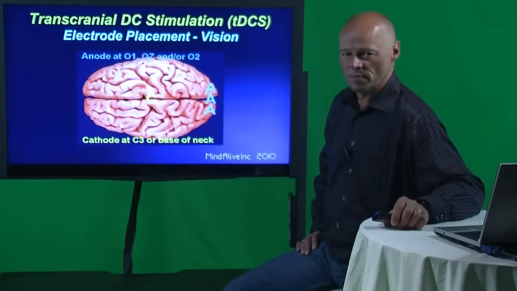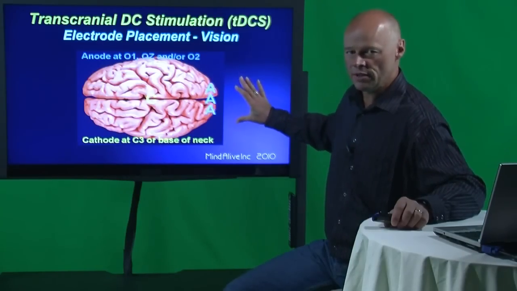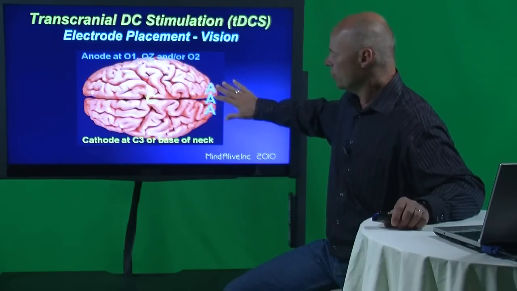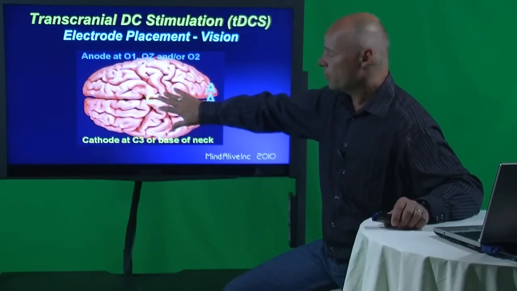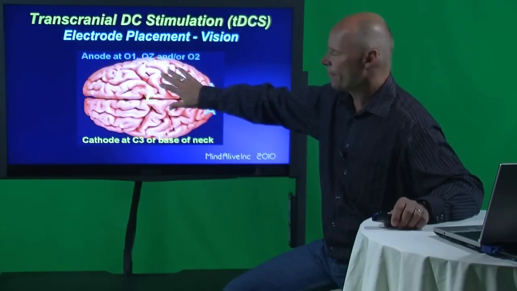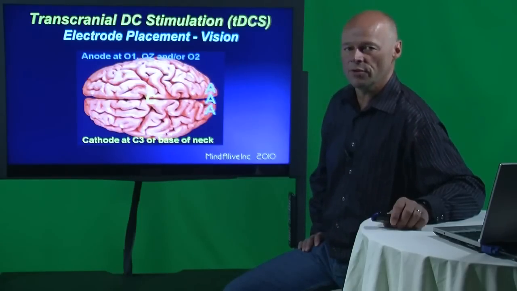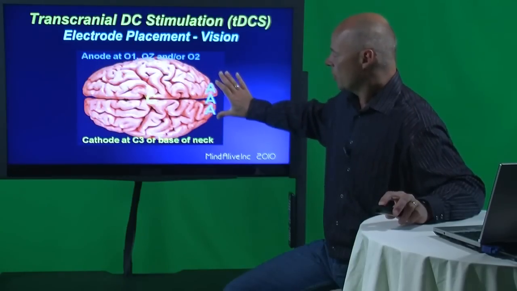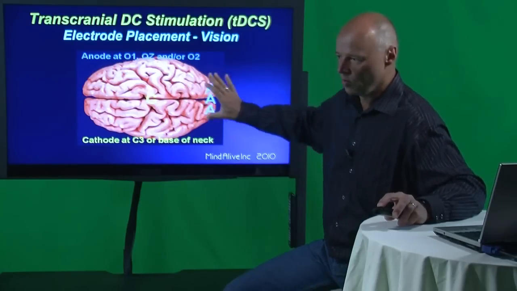In the case of vision, and in this particular example, contrast discrimination for slightly different shades of color, to enhance that ability, the anode was placed along O1, OZ, and O2, and the cathode was placed along C3 or perhaps CZ or even C4. And you can enhance that part of the brain for contrast discrimination. The cathode at the occipital cortex also impaired contrast discrimination as well, so you can go both ways.